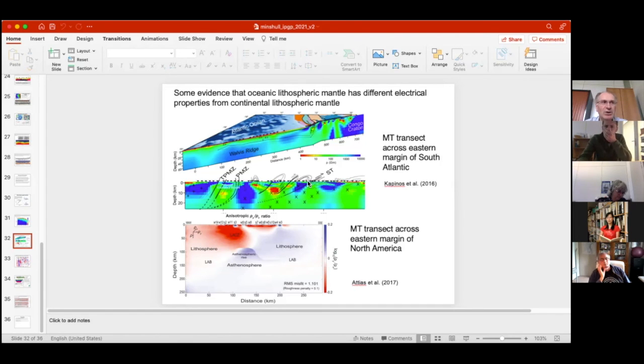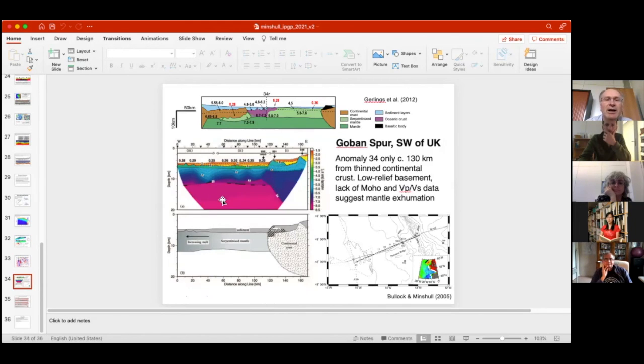Occasionally, we do see something that looks like a Moho reflection. It's usually weaker. We very rarely see it in reflection data, but we might see a weak wide angle reflection. For example, in our old Goban Spur data set, we did see that a little bit. And so our model, this one here, does have a boundary.